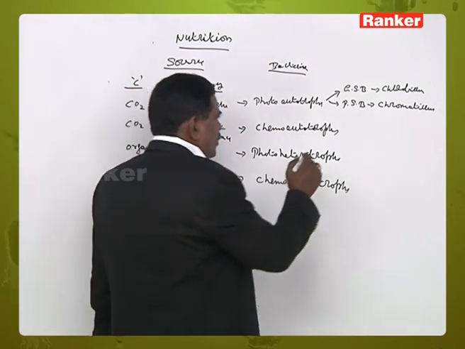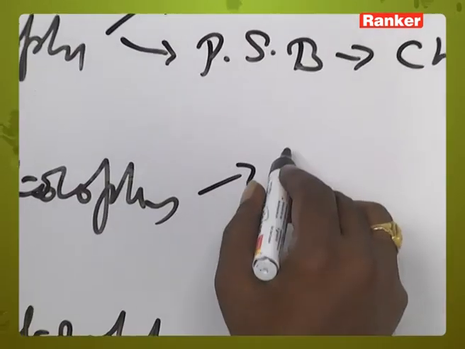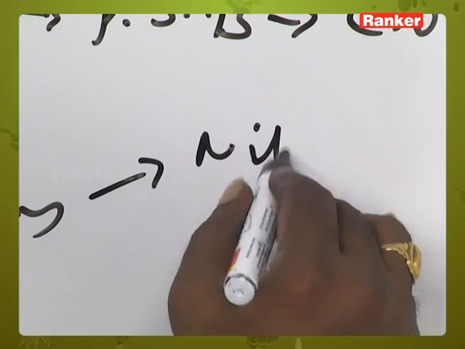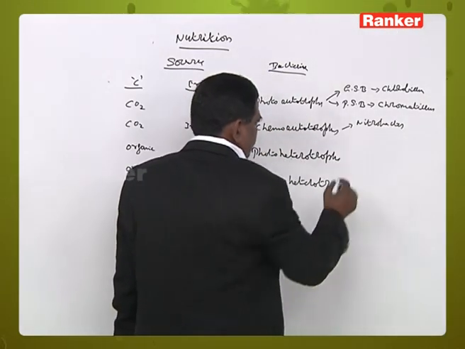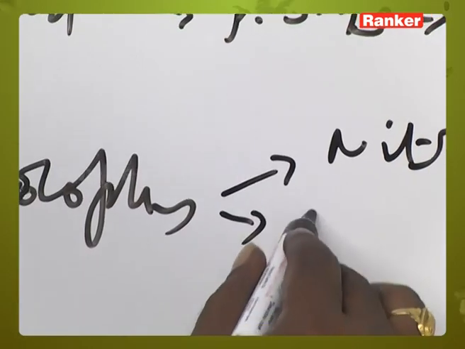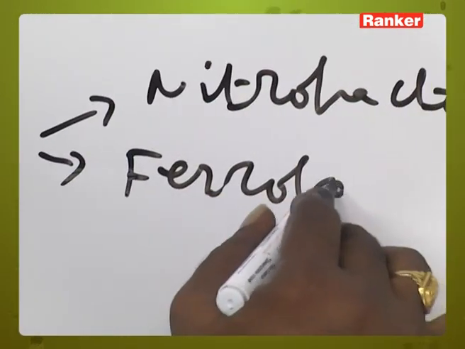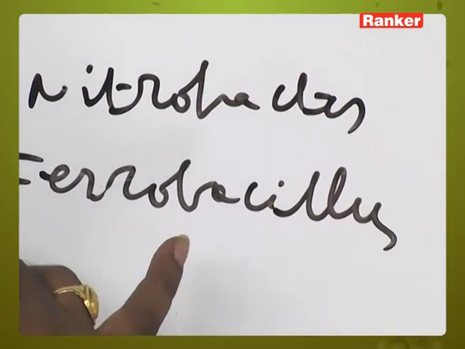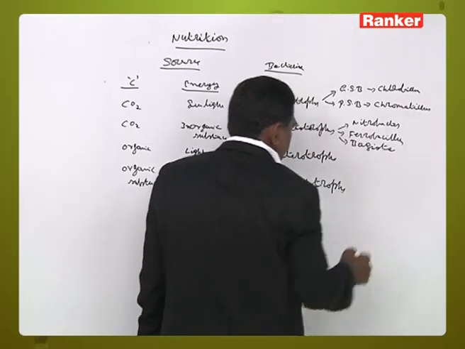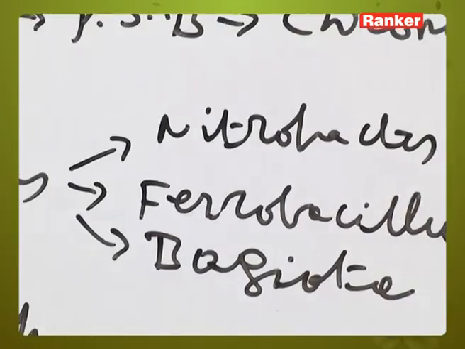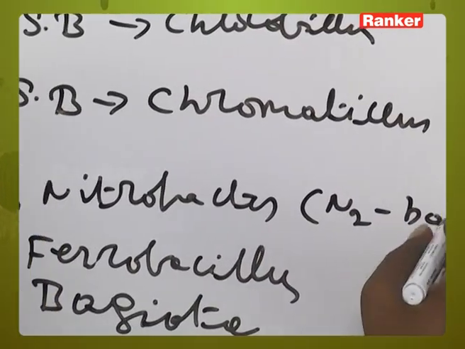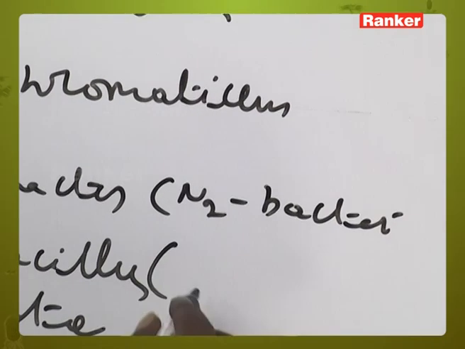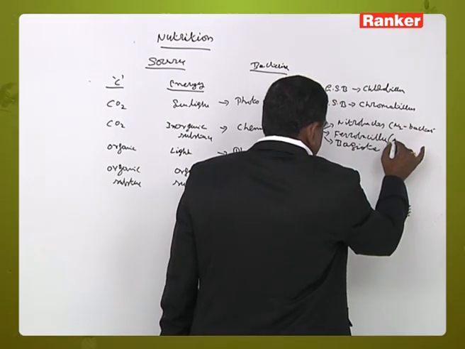Some examples of chemoautotrophs: Nitrobacter, Ferrobacillus, Beggiatoa, Nitrosomonas. Nitrogen bacterium is the source. Ferrous bacteria, iron bacterium.